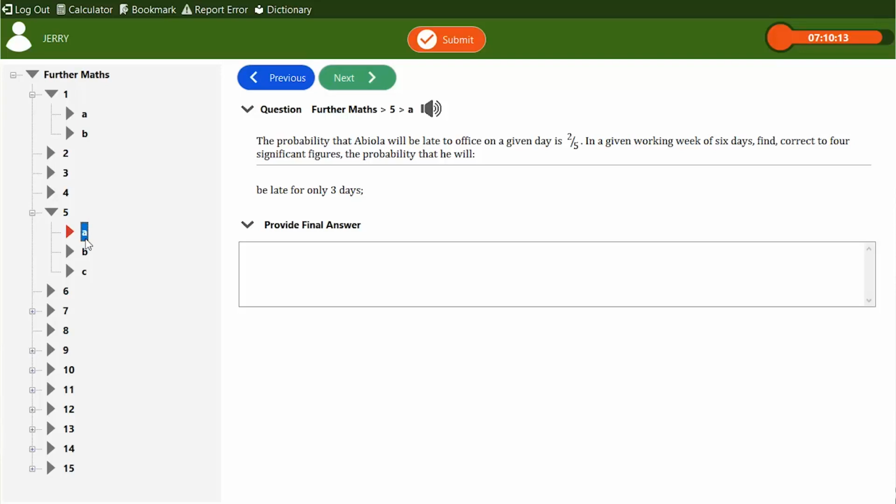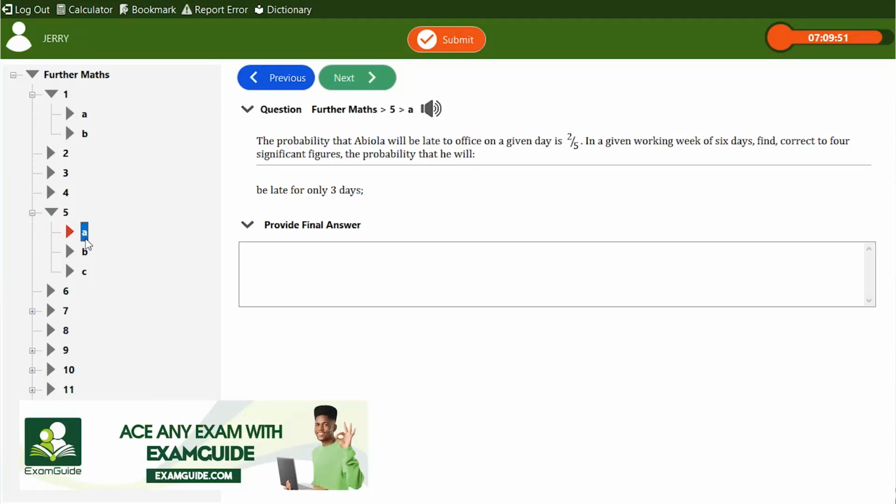This is a technical question. The total number of days here is 6. If he will be late for just 3 days, it means he will not be late for 3 days. So let us get the probability of him not being late to office.